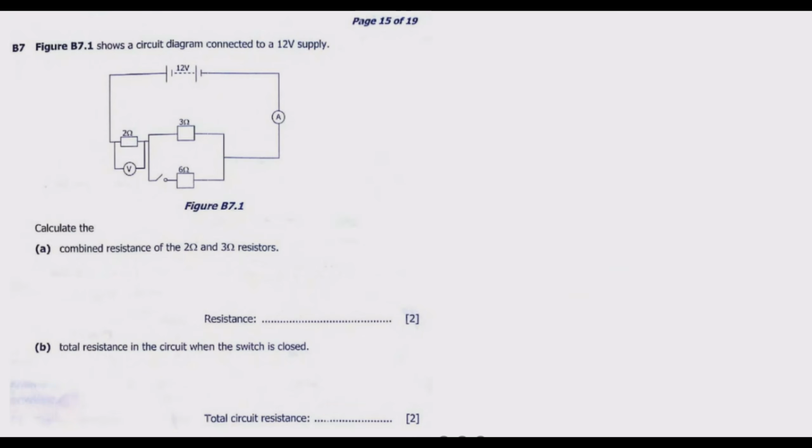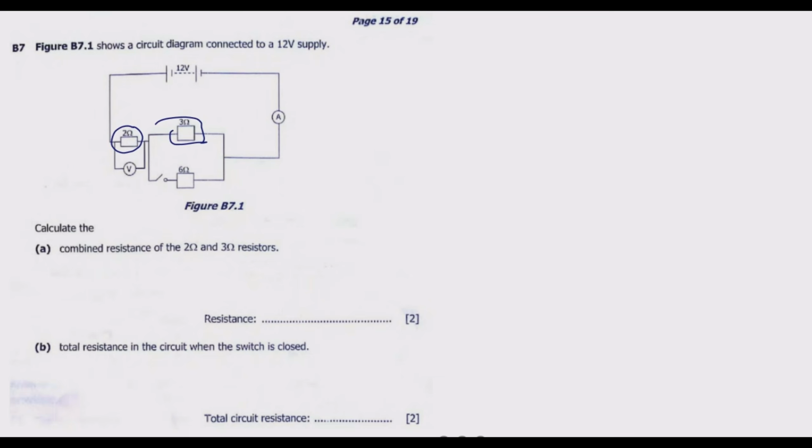Let us look at question B7. Figure B7.1 shows a circuit diagram connected to a 12-volt supply. Calculate the combined resistance of 2 ohms and 3 ohms. If you notice, this is a series circuit, because if one here is off, even this one will be off.